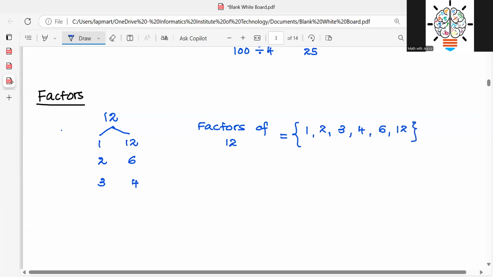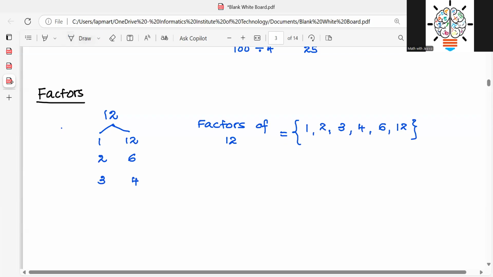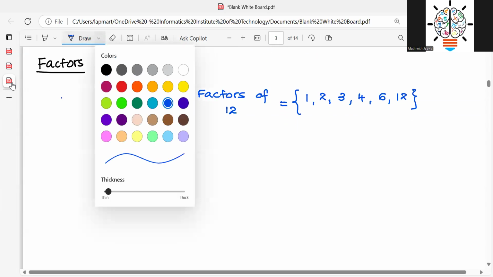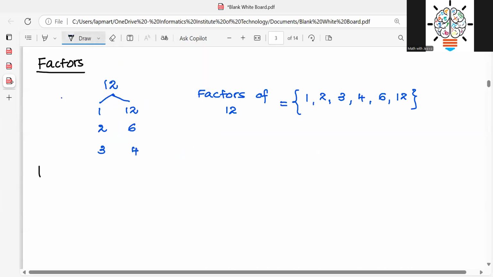Okay. So then by any chance, if they ask you to write the prime factors, before that we want to get the prime numbers. Now, what are prime numbers? Prime numbers are the numbers which we can divide only by 1 and itself, right? Only by 1 and itself.